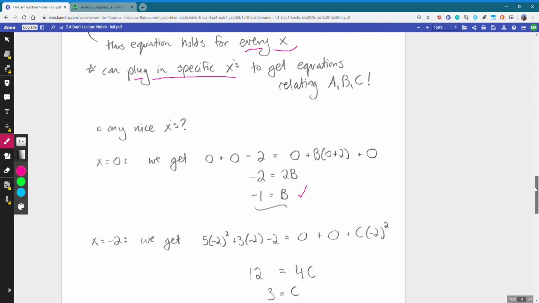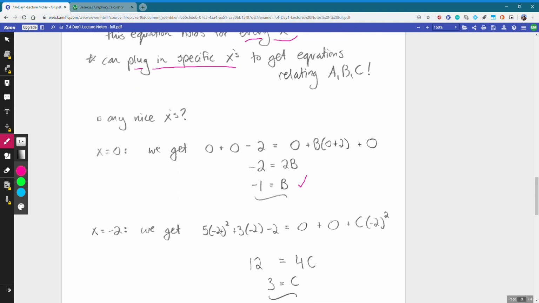And in this case, again, all of our unknowns except for one disappear, and we can quickly solve for what c is. Next, we don't have any more real natural x's to think about plugging in, and so we just need to plug in something else, hopefully something that's not too challenging, just to make our life easy.